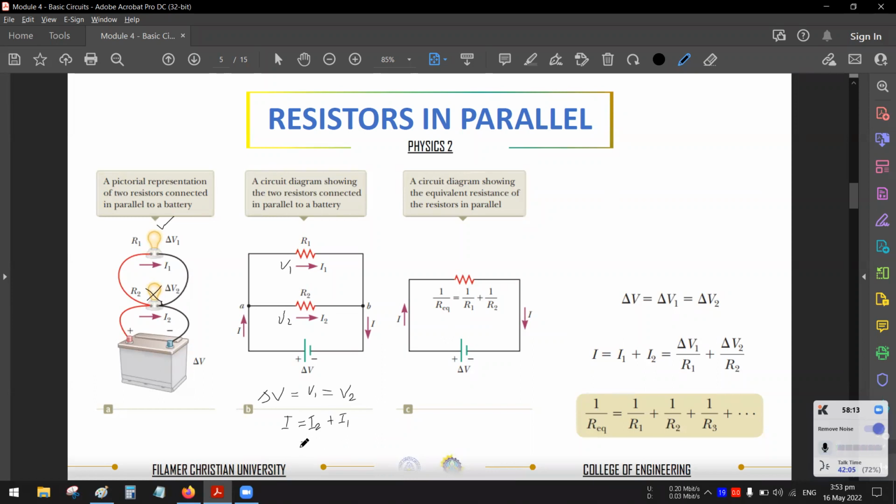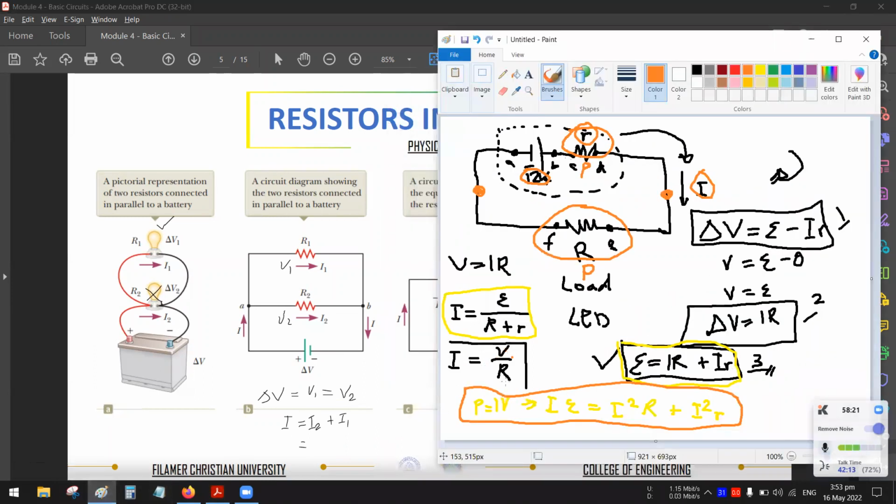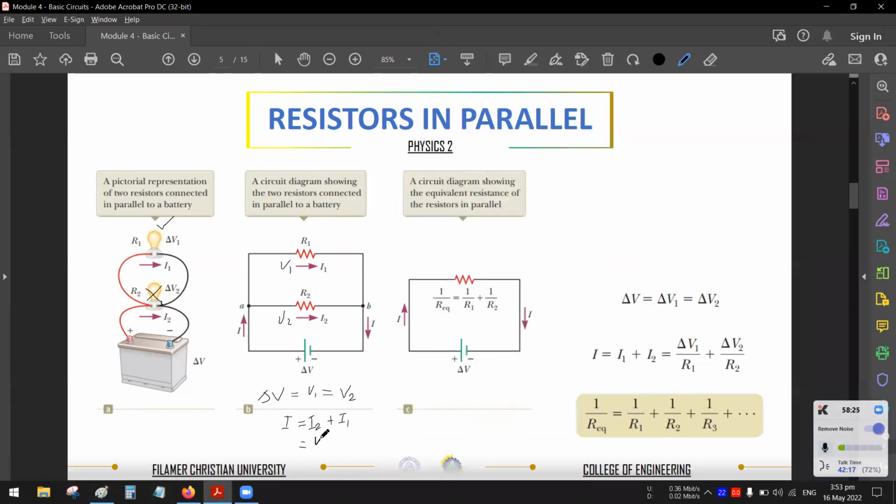Or equivalent to that would be the formula using the current, that is V over R. Or that is your voltage 2 divided by R2 plus your voltage 1 divided by R1.